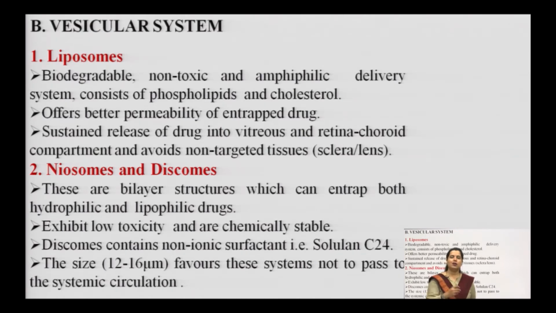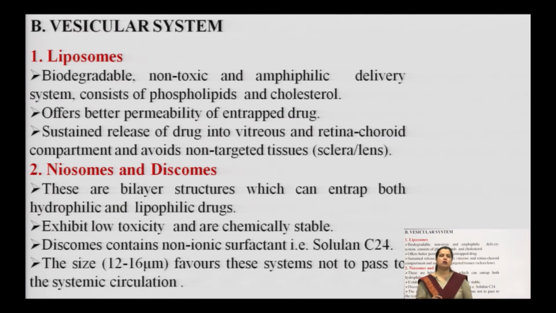So, it can be overcome using niosomes and discosomes, as they have a non-ionic surfactant component along with cholesterol. In discosomes, the surfactant used to make them is cellulin C24. That means the shape is like a disc, so it is named discosomes.